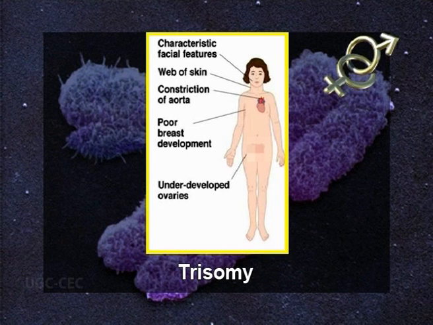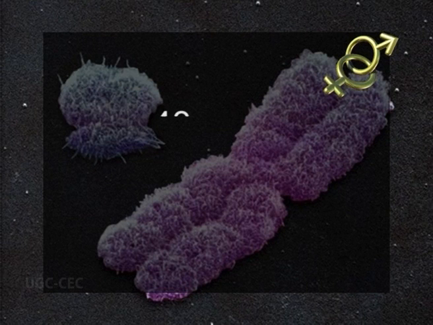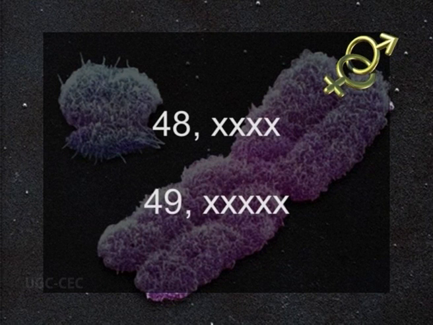They are fertile and their children do not inherit the condition. Females with more than one extra copy of X chromosome, 48 XXXX syndrome or 49 XXXXX syndrome, have been identified, but these conditions are rare.